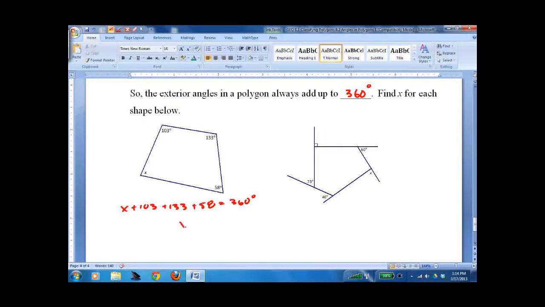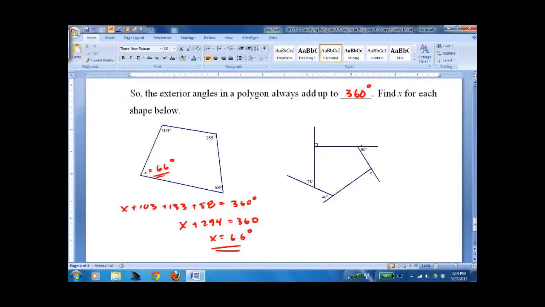Get 394. Pardon me, not 360. Yes, 360. Get 294. Therefore, x equals 66 degrees. Pretty typical calculation you'll have to do.